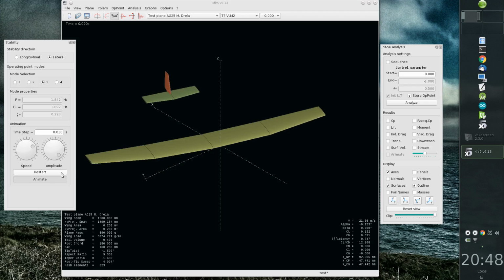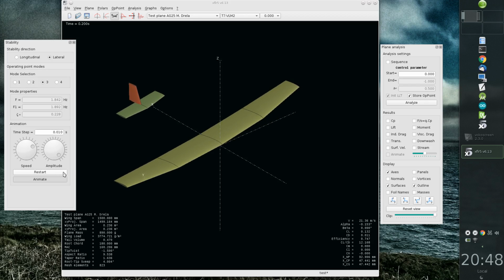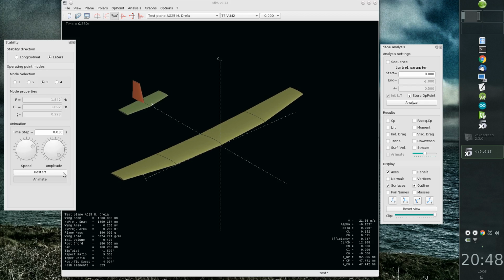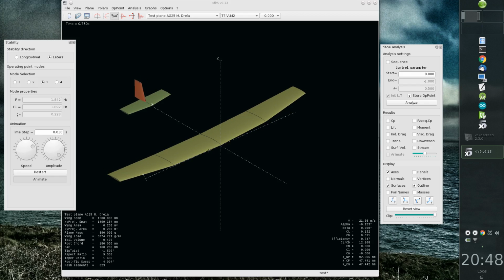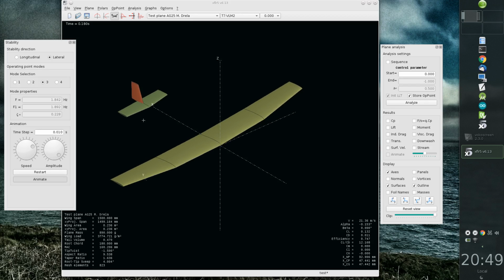Let's do it again. If you look at your plane, depending on how stable it is in the lateral direction, you could see this kind of movement around the nominal flight path. After you exit a turn abruptly, for instance, if you release your control abruptly, you might see your plane having this sort of behavior, especially if you have a small tail volume.